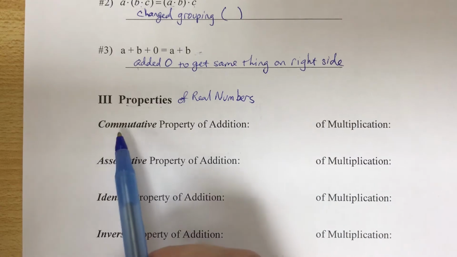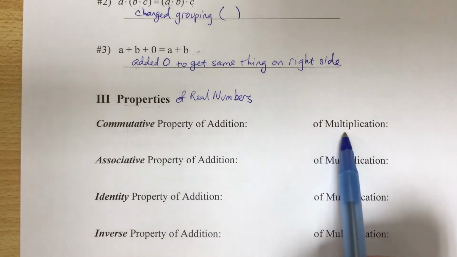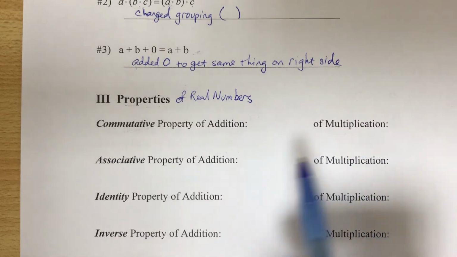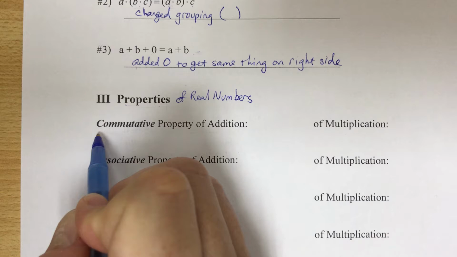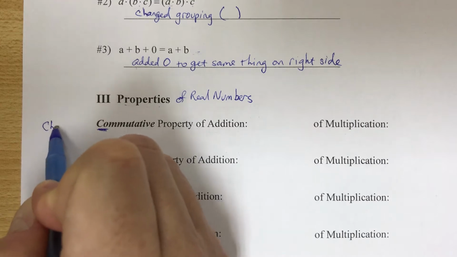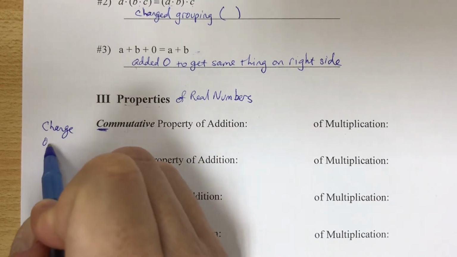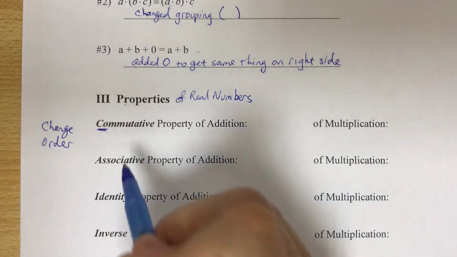And we're going to start with what's called commutative. There's a property of addition and there's a property of multiplication. Now, the way that I think about commutative, and I'm going to write this on the side, is that we change the order. Notice that the word commutative starts with a CO, and if I think of the words change and order, I also have CO. So what do I mean by this?